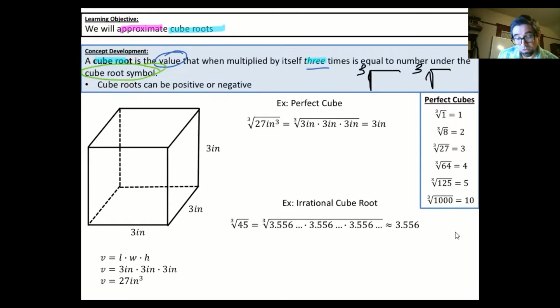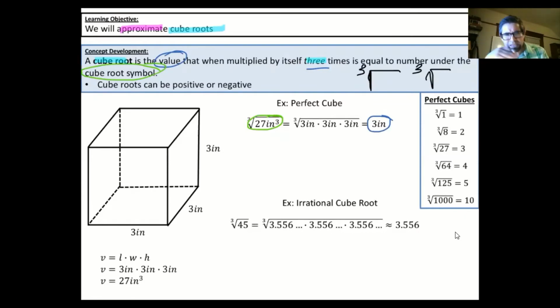So when I say the number under the cube root symbol, I'm talking about this 27 right here. That's under the cube root symbol. Now, what is the cube root of 27? Well, it's 3. That would be the value that when multiplied by itself 3 times gives us that original 27. So again, this is very similar to a square root, only now we're looking for a number times itself 3 times that gives us the number under the cube root.